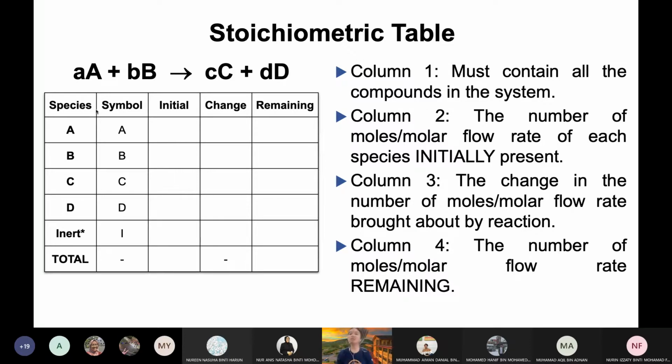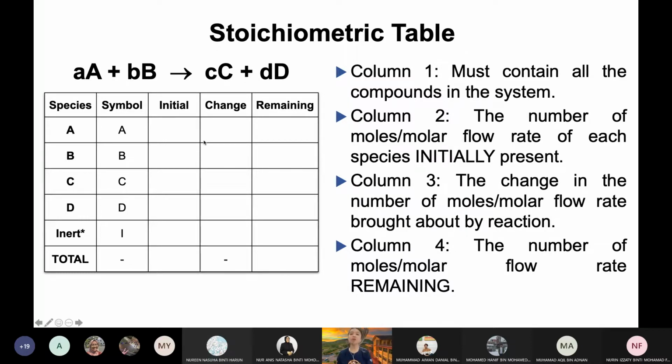Simbol dia, kita tukarkan simbol dia kepada A, B and C, D. Sebab kan pengiraan kita kan based on A, B, C and D. So, if you are given the real compound, then you convert it into A, B, C, D. So, the easiest way, kamu ikut je lah sequence dalam chemical equation. So, chemical equation dia katakan N2 plus H2 produce 2NH3. So, N2 is your A, H2 is your B, NH3 is your C. So, kamu label ikut compound tu, kamu akan label simbol dia. Okay, so done the first 2 column.